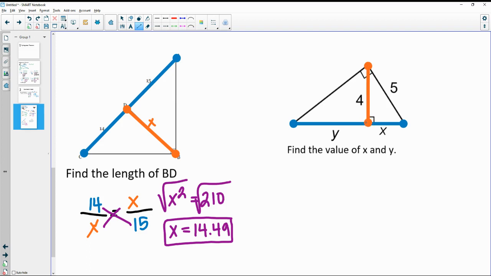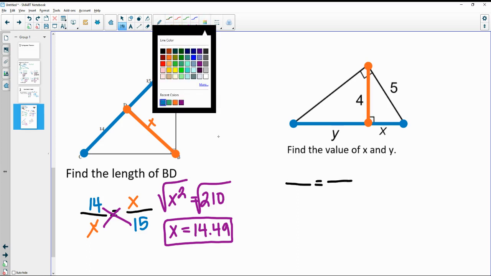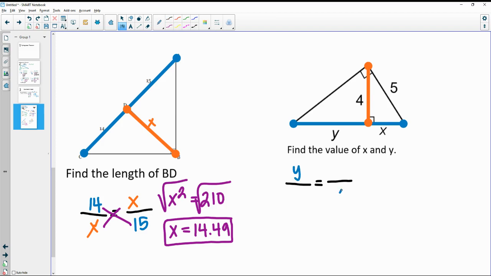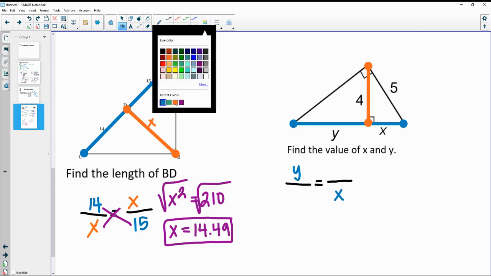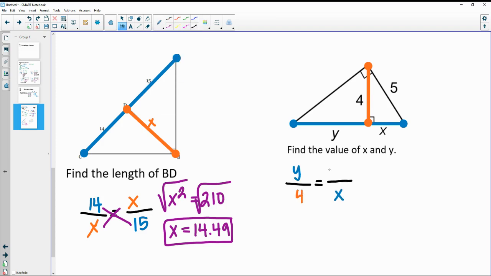So if we were to set up the proportion that we've been talking about in this video so far, we would have the hypotenuse pieces are y and x, and then our altitude is 4. So that creates a problem because we've got two variables here. So we aren't able to solve this proportion directly, so we must need to be able to find the value of one of those variables first.